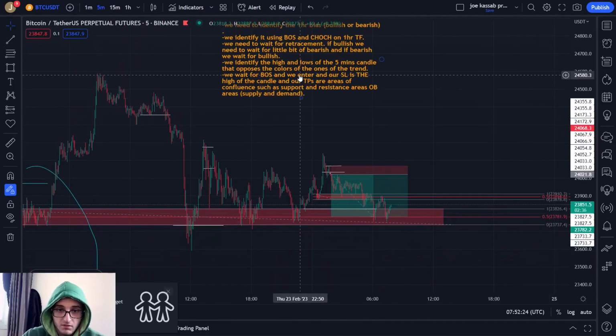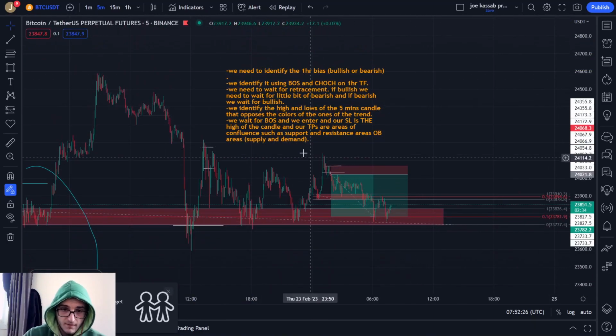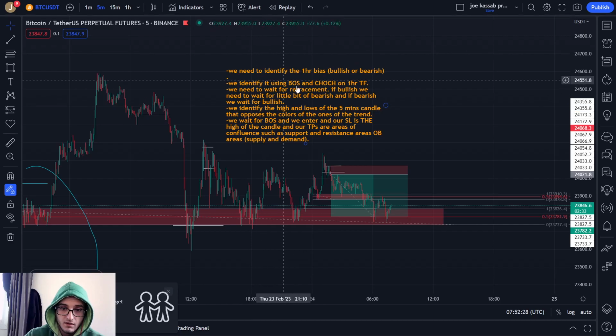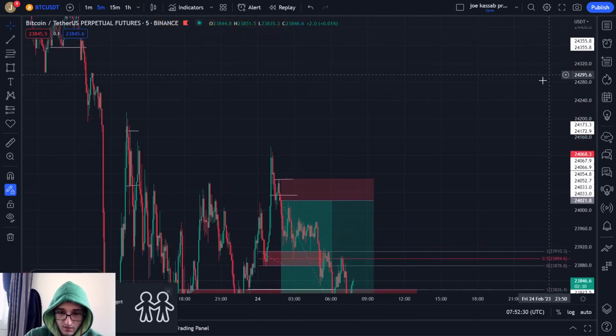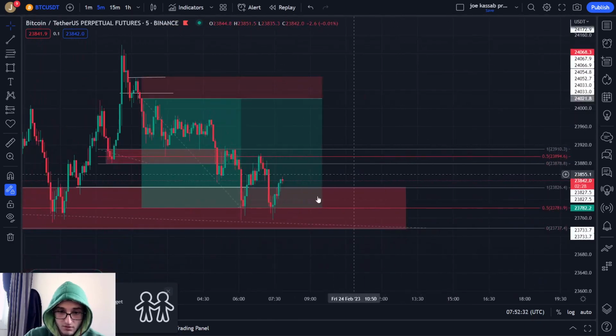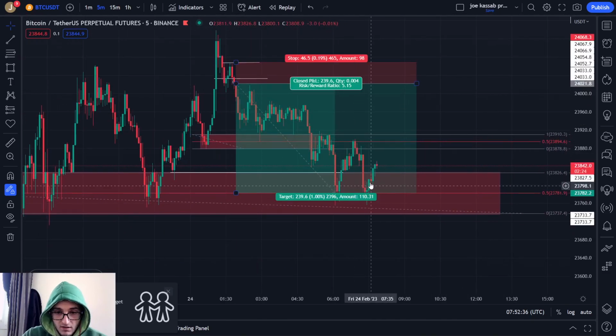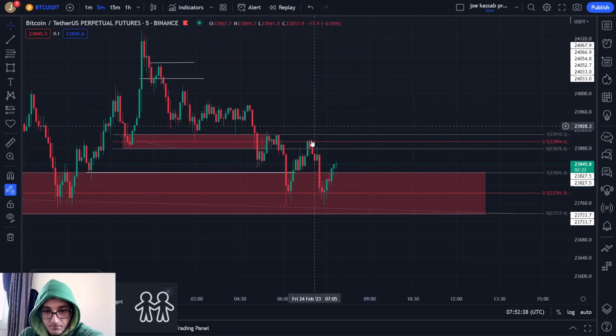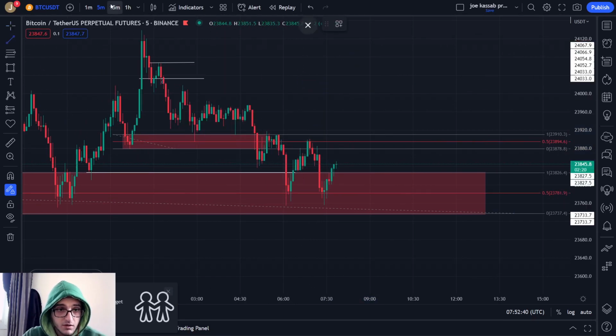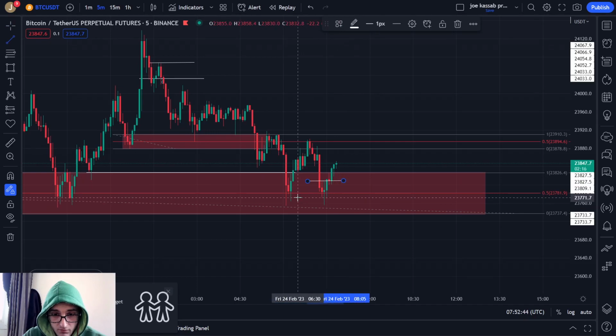I'm telling you to trade with the trend. And why is that? Because as you can see, we have this bearish candle, okay, that formed.